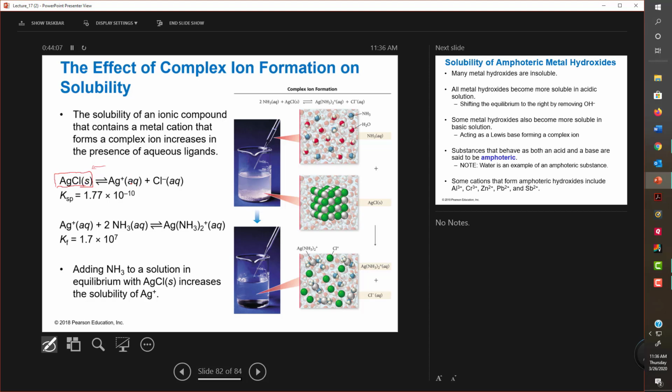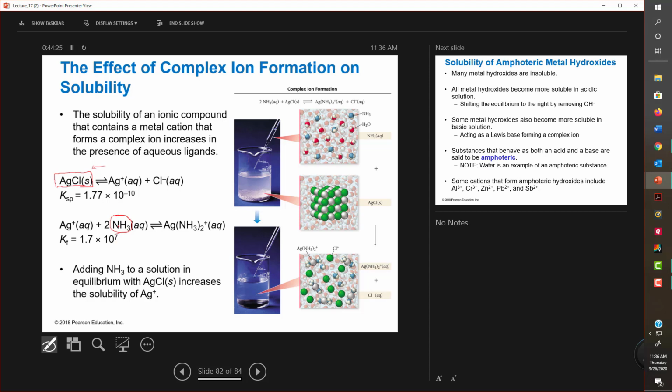But what happens is maybe you're adding ammonia to the solution to make a hydroxide, because ammonia reacts with water and forms a hydroxide ion, and you added too much ammonia.